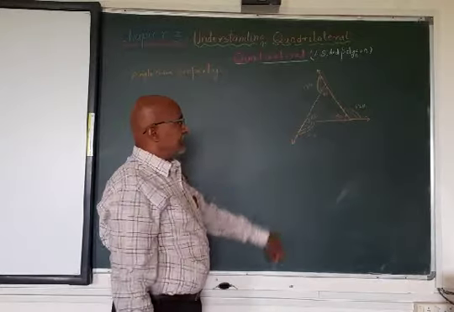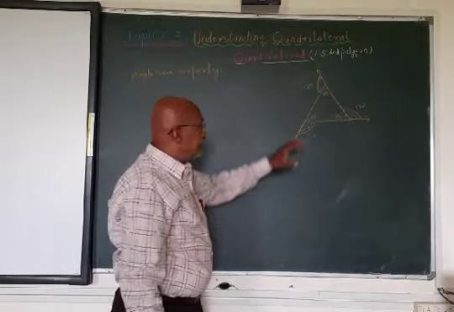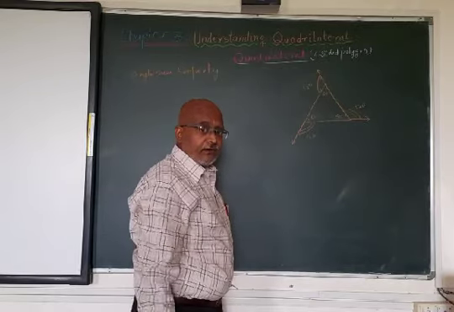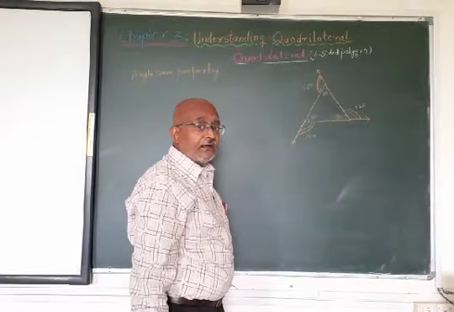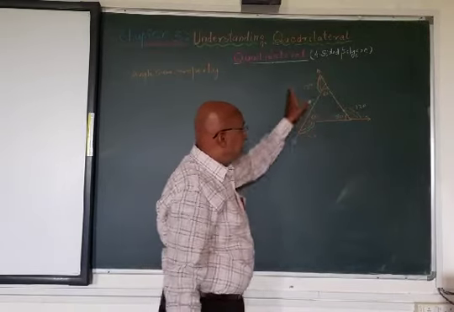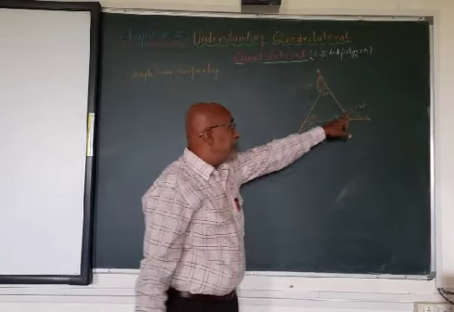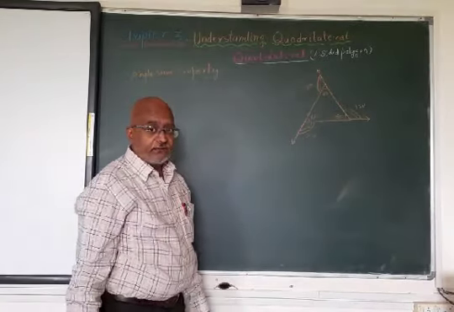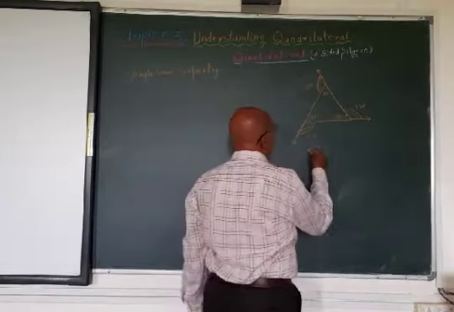Now from this, what is the angle sum property here? According to angle sum property, all the interior angles add to 180 degrees and all the exterior angles add 120 plus 120 plus 120.